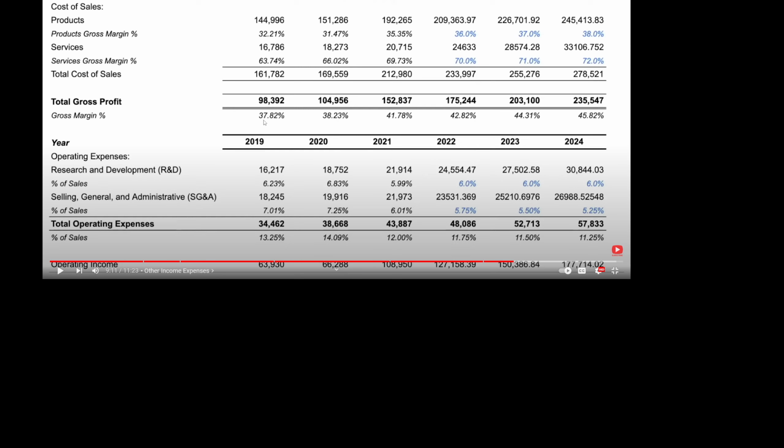You might have 37% one year, then next year's negative 20%. So you can see why people like Apple, and when you're looking at this thing, it's just a steady increase. It's just like a cash flow machine.